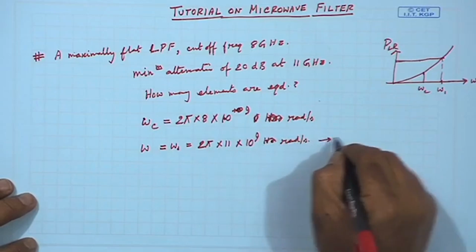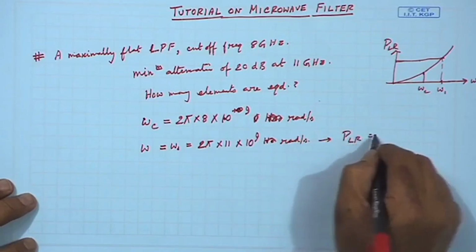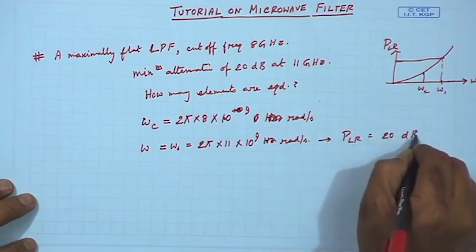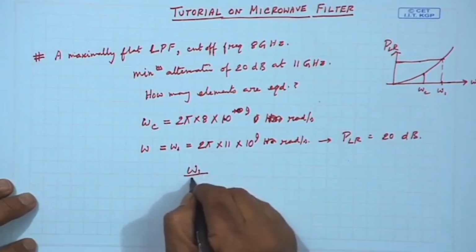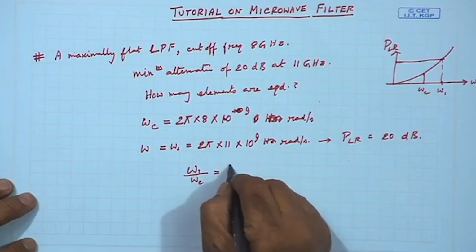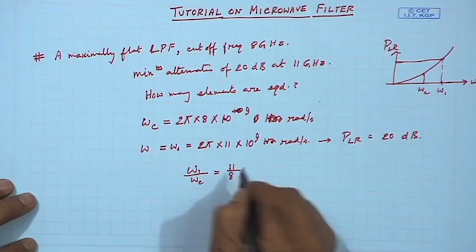I require that PLR should be 20 dB. So, basically this omega 1 by omega c ratio is nothing but 11 by 8.